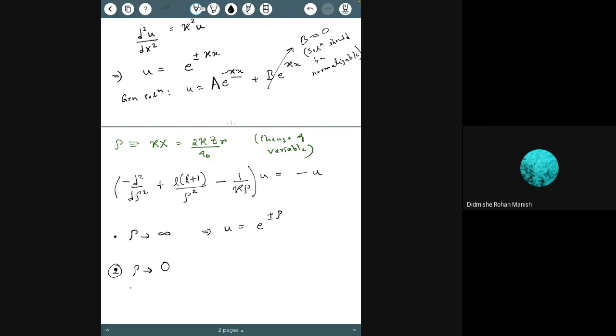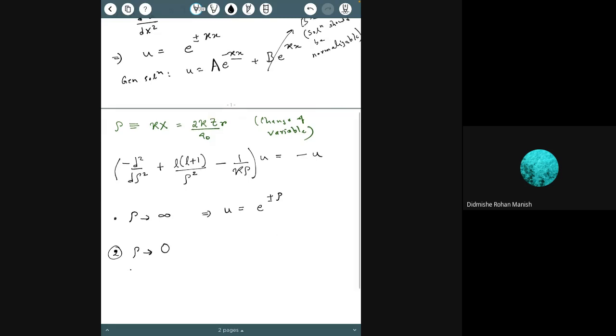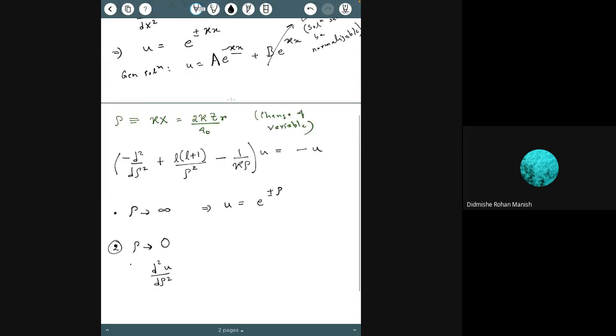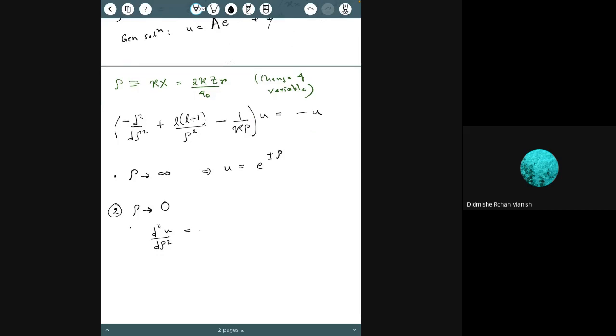When I look at rho tending to 0, then my equation becomes, then I can make a guess. So now I'll make a very general guess because here I have.